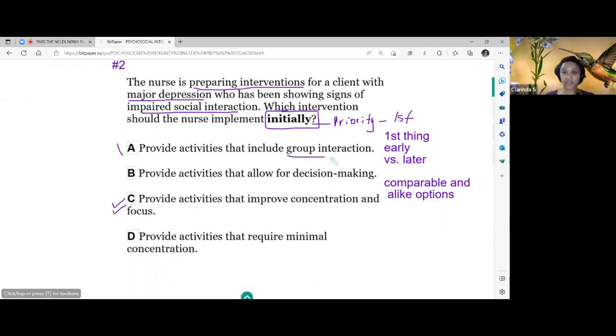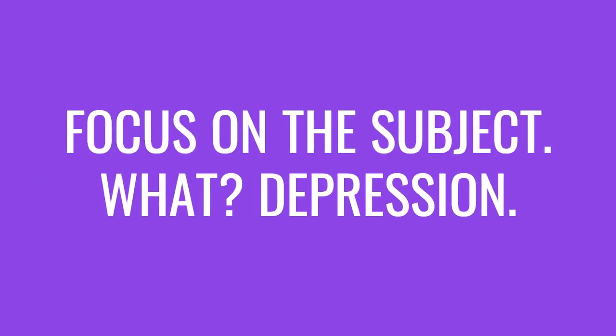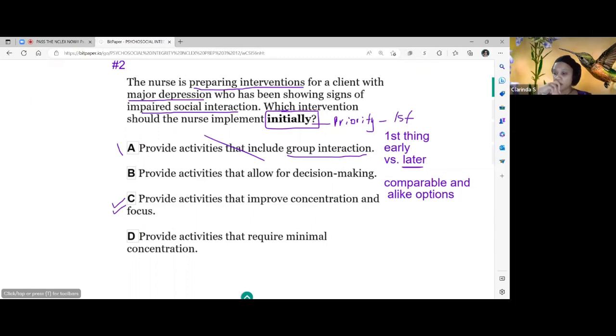Yes, very good. Usually group interaction is once the patient's more stable, they're progressing well. We've kind of done some other nursing interventions in between. Maybe there's meds, maybe there's some medical interventions that we're doing, and they're ready to start group interaction. So that's usually later.